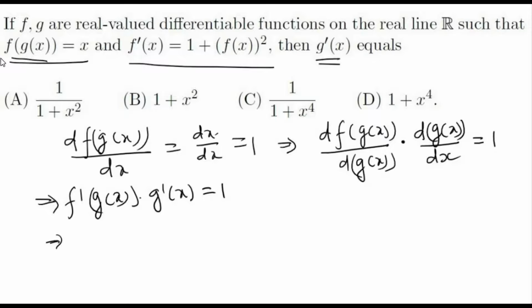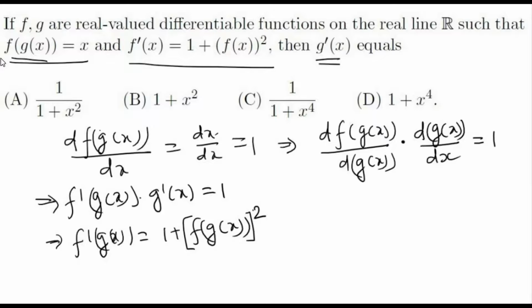We will get f prime of g of x is equal to 1 plus f of g of x, whole square, and here it is already given that f of g of x is x, so we can replace the entire thing here by x, and this will come as 1 plus x square. Therefore we get f prime of g of x is equal to 1 plus x square.